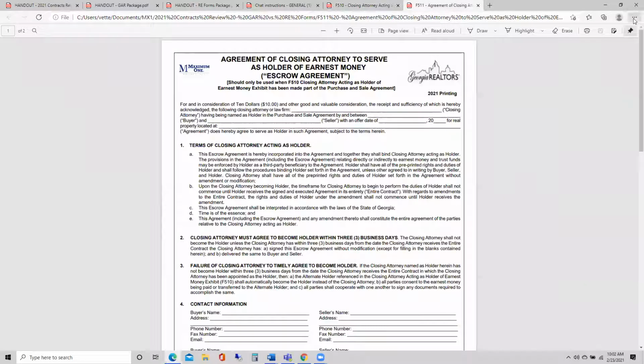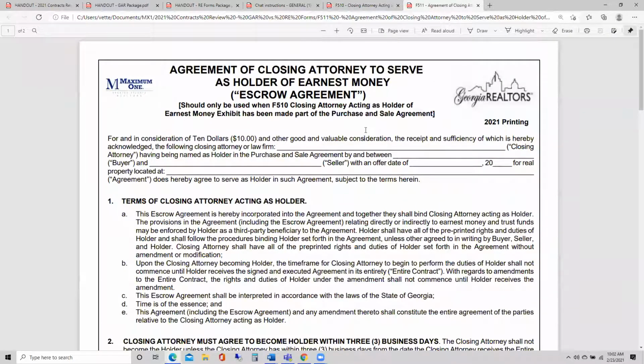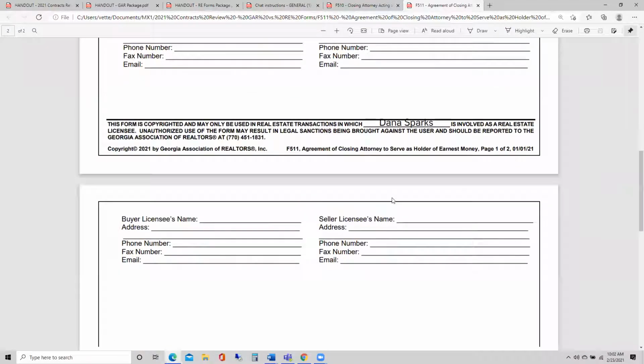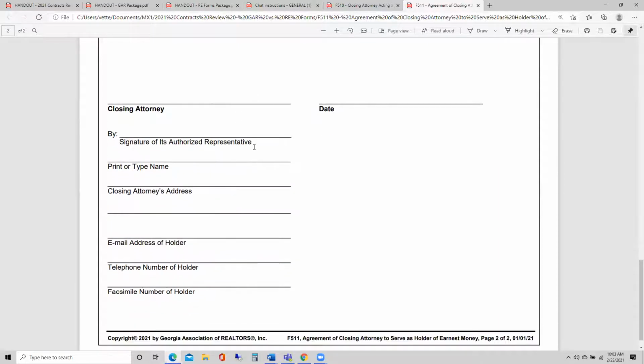Now this form, this is the F511. This form is an agreement of the closing attorney to serve as holder. There is a time frame within which the closing attorney must sign, and this is where the closing attorney signs. This is not available in the RE forms. This is just a GAR form.